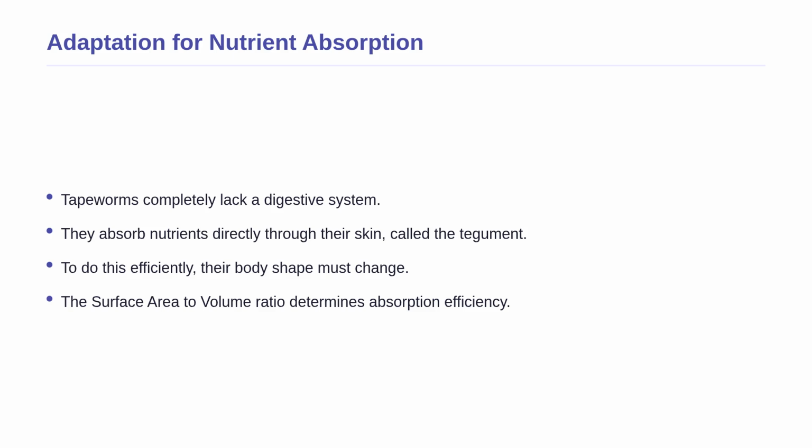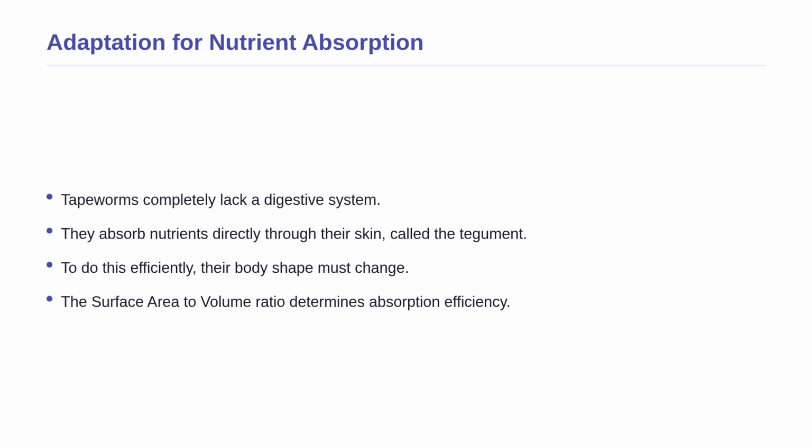We have seen how parasites adapt reproductively, so let us shift our focus to a fascinating morphological adaptation. Tapeworms live right inside the host's intestine, surrounded by pre-digested food. Because of this, they have completely lost their own digestive system. They simply do not need it. Instead, they absorb nutrients directly through their skin, which is called the tegument.